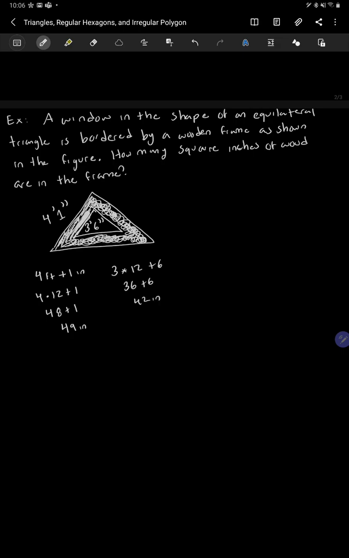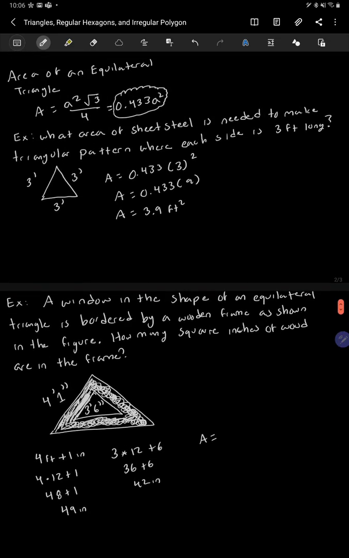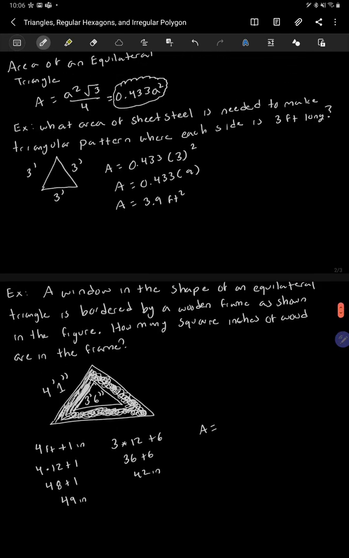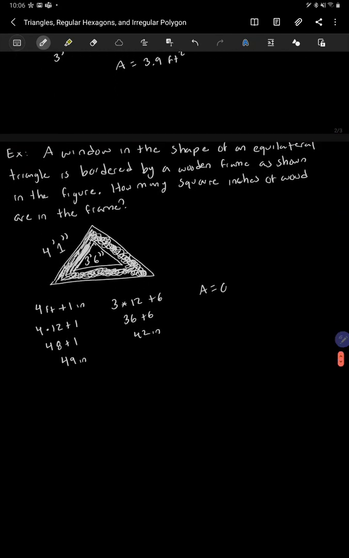Cool, so now that we know each one, we can actually use our formula and find the area of the inside, find the area on the outside, and subtract them. So, area of the outside. Area equals, because we know each of the sides is the same, so we're looking at an equilateral triangle, 0.433 times 49 squared.